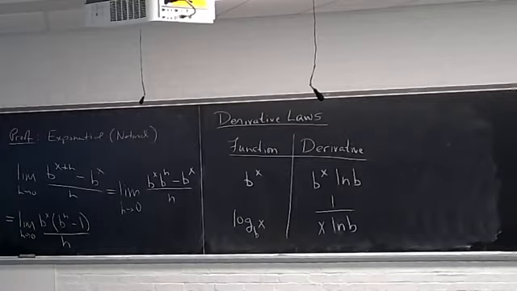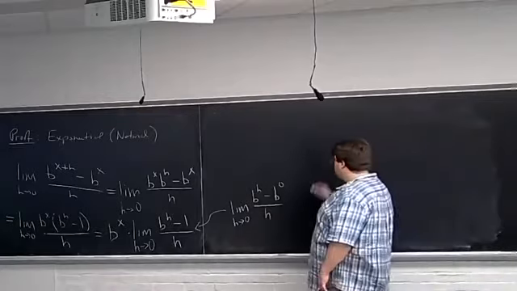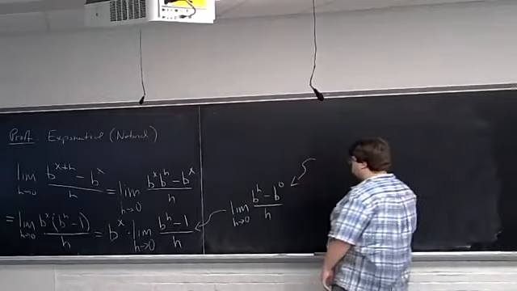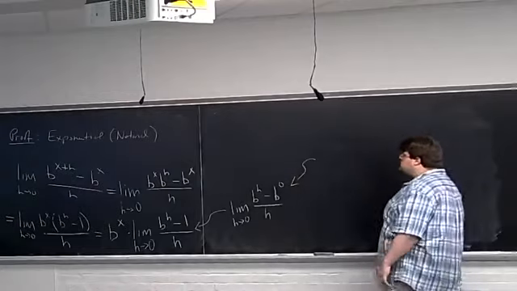Because 1 is b to the 0. Why does this matter? Well, when we first discussed derivatives on Thursday, we saw what looked like two definitions of the derivative. This right here uses the first. The first one gave us the derivative at a point.